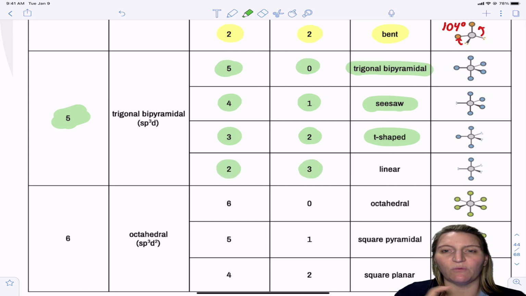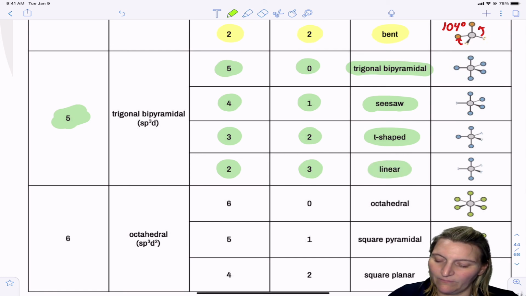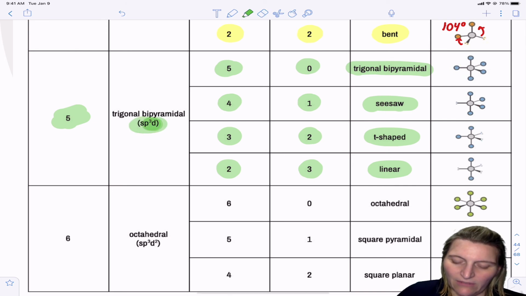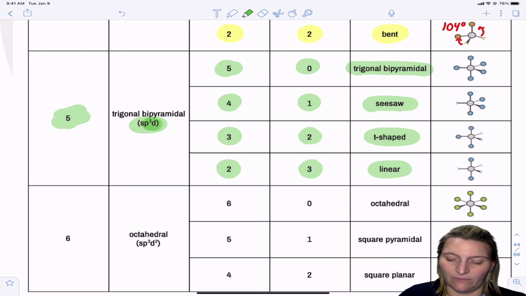All the lone pairs would be on that equator, and the name of that shape would be linear, because look at where the atoms are, right? The atoms still form a straight line. So we would call that linear. And of course, all of these molecules, because they have 5 electron domains, and those 5 electron domains need to be equal, are sp3d hybridized.